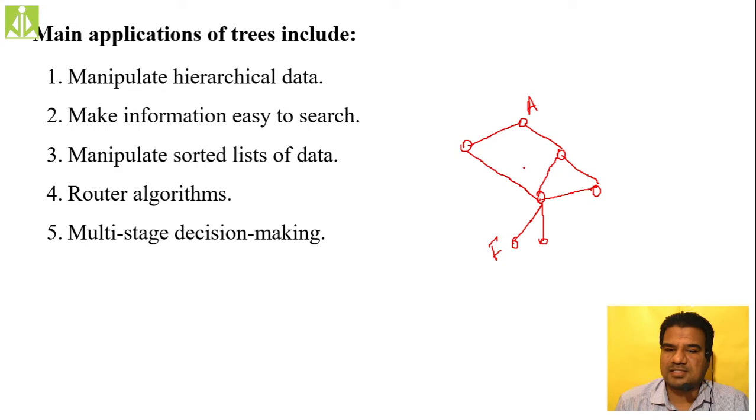In that case, we have to remove the longest paths from our consideration. So indirectly, when we remove the longest or unnecessary paths, the unnecessary edges, we are forming a tree data structure only. In a graph, if you remove the unnecessary edges, ultimately it will become like a tree. So that is one of the advantages of a tree data structure in routing algorithms.